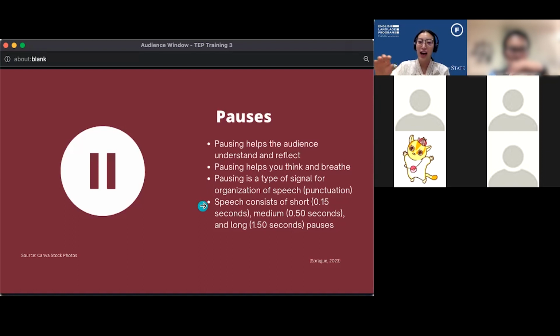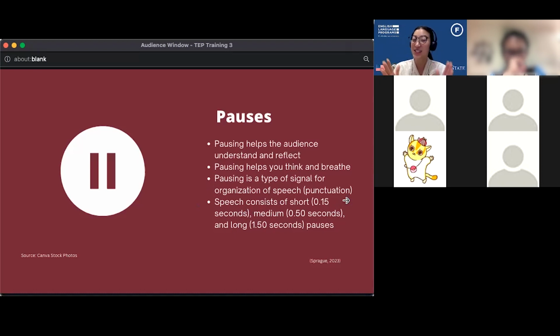And actually, there's been a little bit of research on this. There's a specific length of time. You do not have to time this with your students, but in case you are curious, there are short, medium, and long pauses. Short pauses are 0.15 seconds, very, very short.